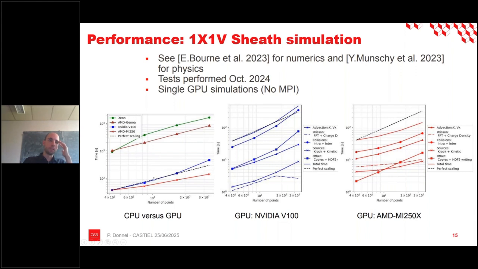And in both cases, you see that we are close, at least at the low number of grid points, we are close to the perfect scaling, and then in some cases we start to have a bit of deviation from the perfect scaling, but it's already a huge simulation.